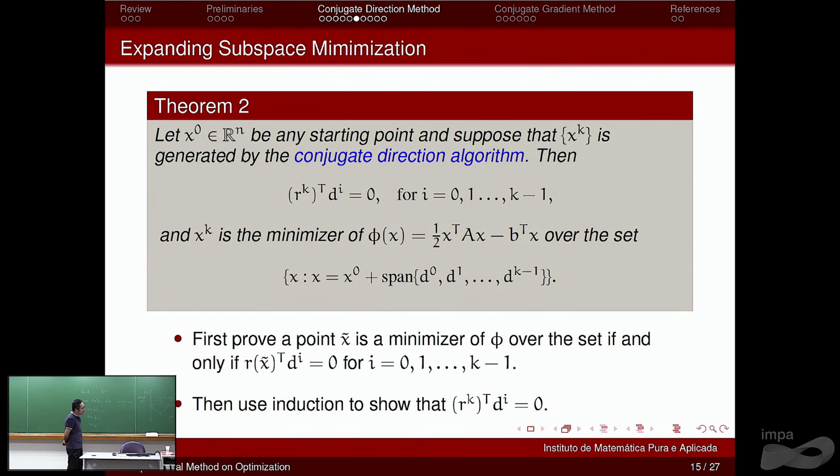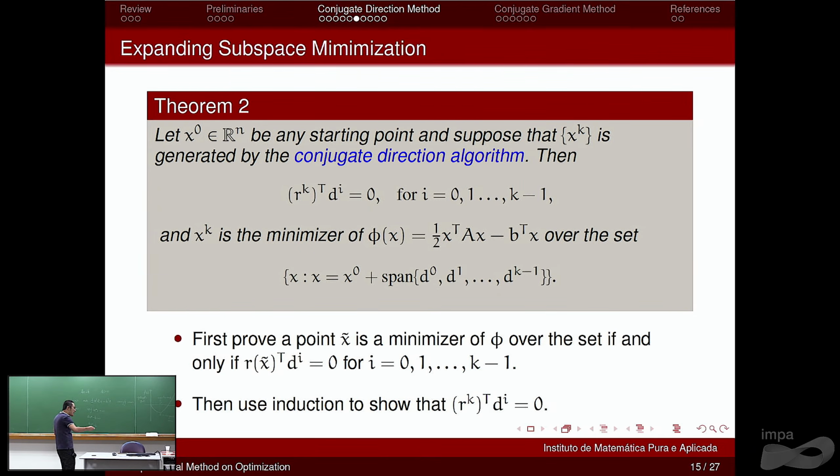So the idea of the proof of this theorem is, first we prove that a point x tilde is a minimizer of the function phi over the set if and only if the residue at point x tilde transpose di equals 0 for any i from 0 to k minus 1.